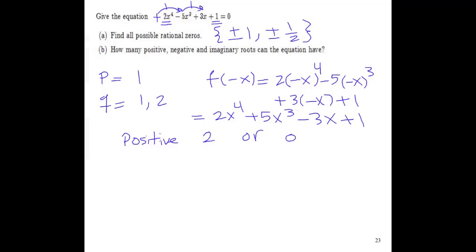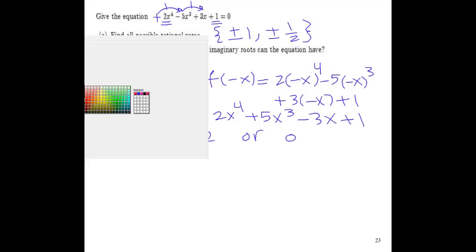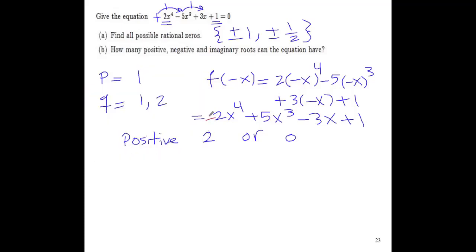So for the number of times the signs alternate here, from plus to plus it's not changing. Here would be 1 time, and this would be another time, 2 times. So for the negative, it would be either 2 or 0 again, 2 or 0.